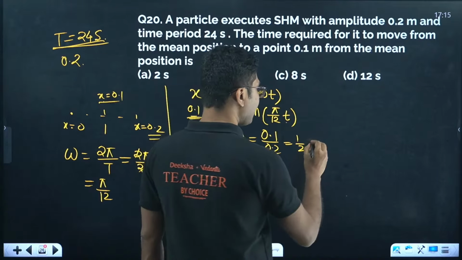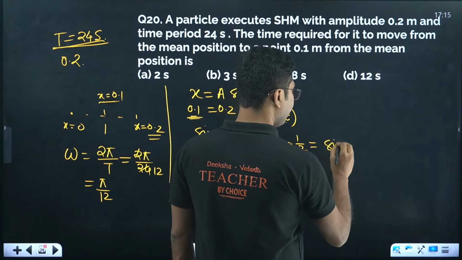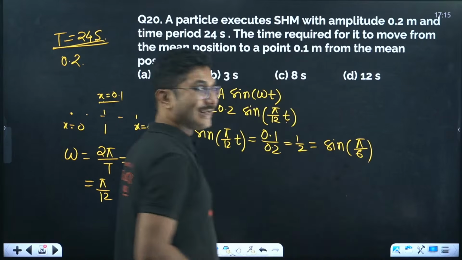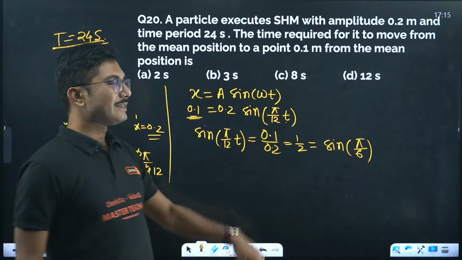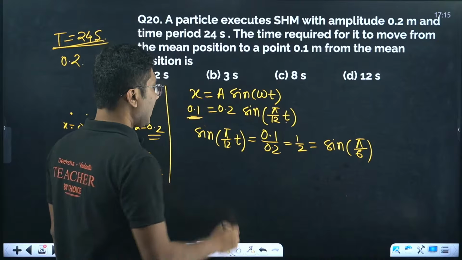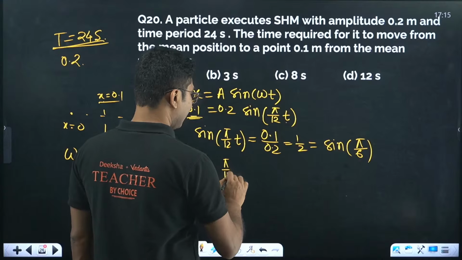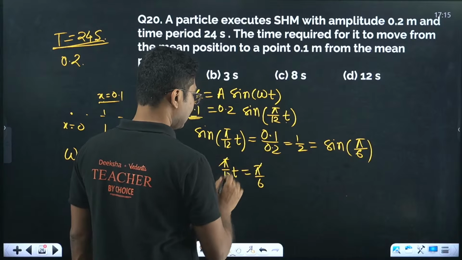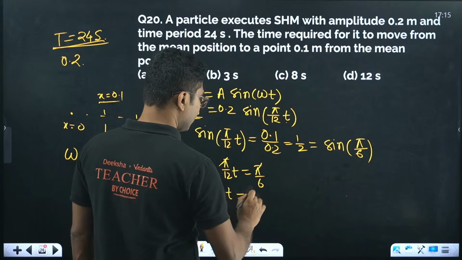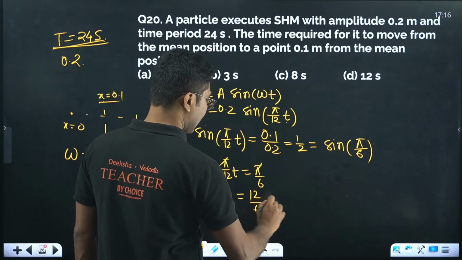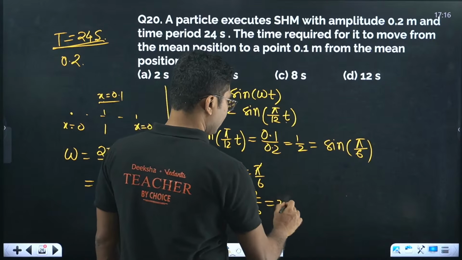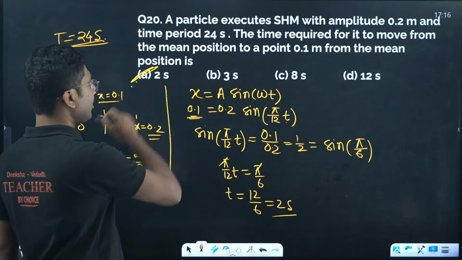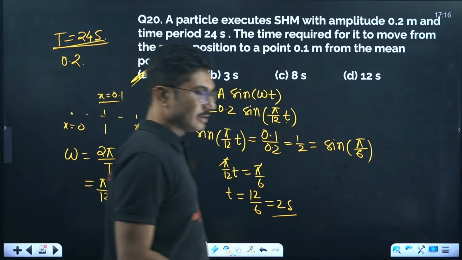Sine theta becomes half at 30 degrees. 30 degrees in terms of pi is pi by 6, since pi is 180 and 180 by 6 is 30 degrees. So pi by 12 t must be equal to pi by 6. Pi cancels and we get t equals 12 by 6, that is 2. So the correct answer is 2 seconds, not 12 seconds.